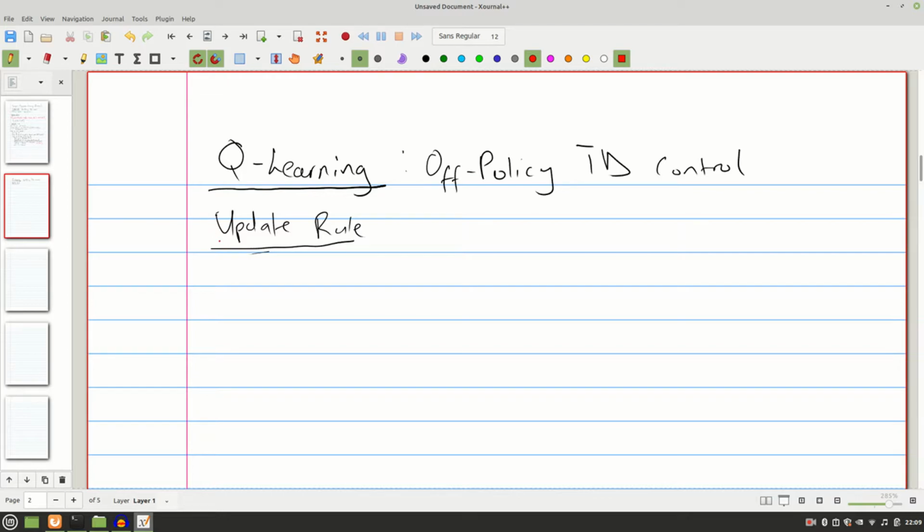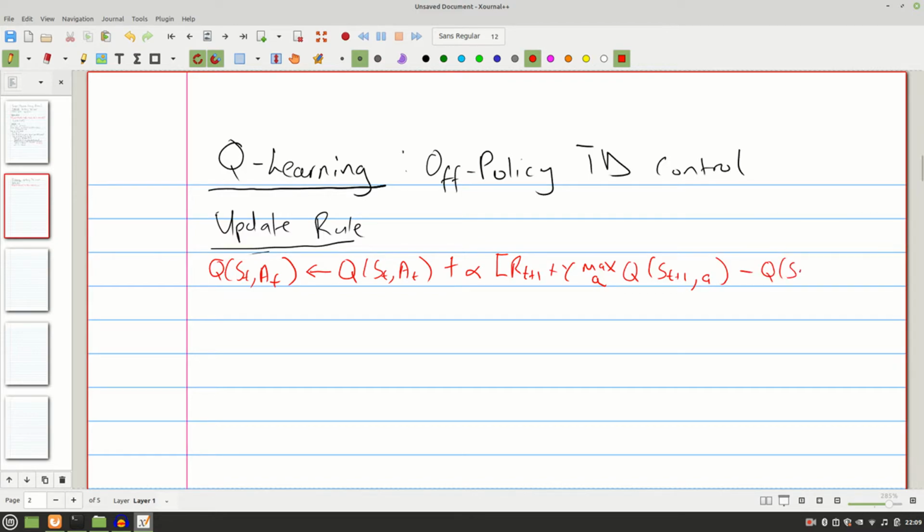We notice that Q(S_t, A_t) is updated as Q(S_t, A_t) plus our learning rate alpha times R_{t+1} plus gamma, the maximum over all actions of Q(S_{t+1}, a), minus Q(S_t, A_t). So this is how the Q-Learning algorithm works.